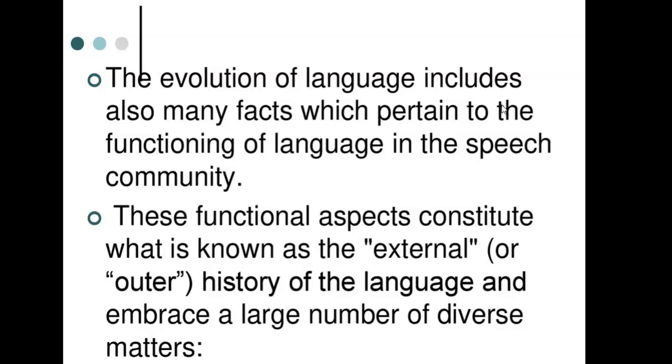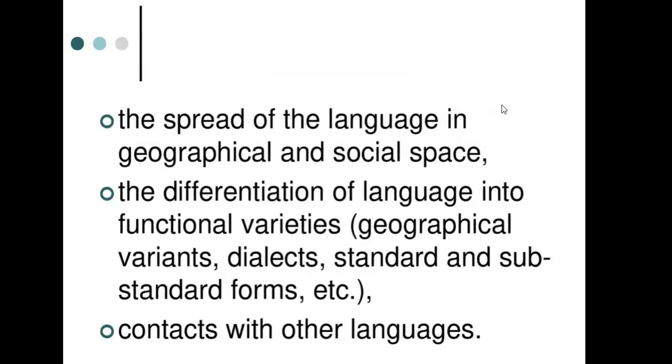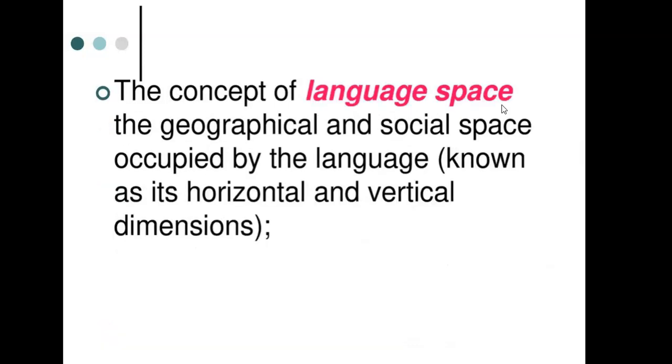The evolution of language includes also many facts which pertain to the functioning of language in the speech community. These functional aspects constitute what is known as the external or outer history of the language, and this embraces a large number of diverse matters. The spread of the language in geographical and social space, the differentiation of language into functional varieties, geographical variants, dialects, standard and non-standard forms, and so on, and contacts with other languages.